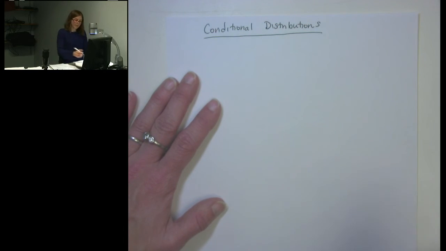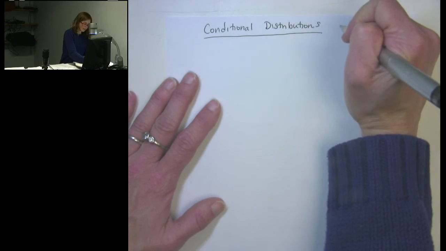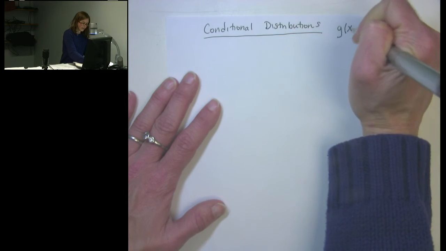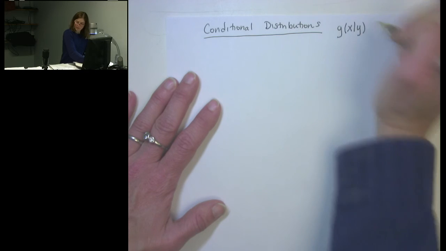Okay, so first we'll look at the conditional distribution of x given y, which uses the notation g of x given y.